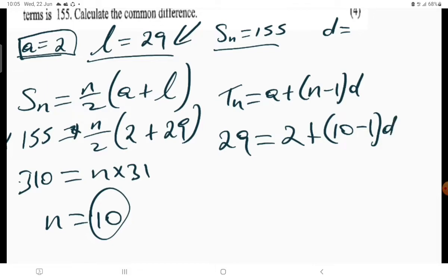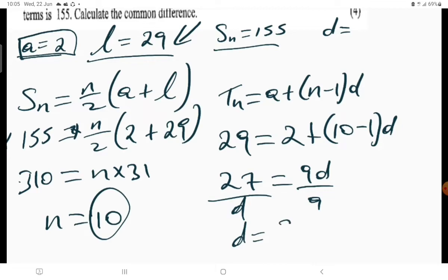Then we continue solving. When you subtract 2 from 29, we have 27, which is equal to 9 times d. Then when you divide by 9 both sides, you will get d being equal to just 3.